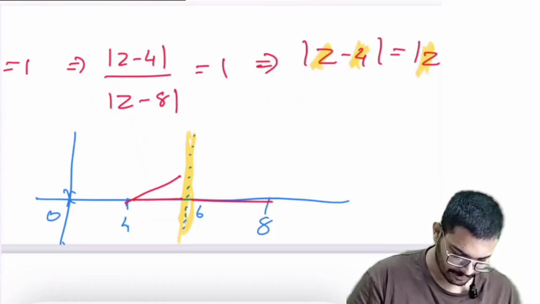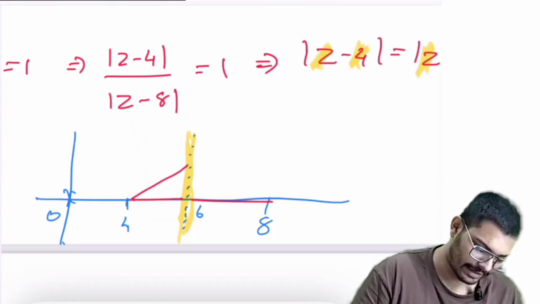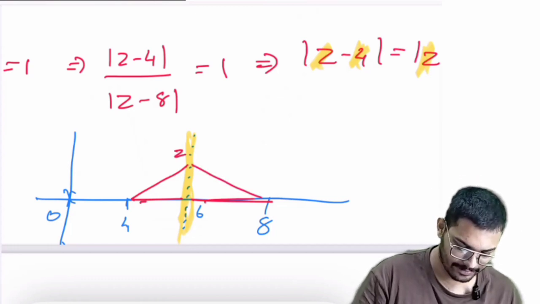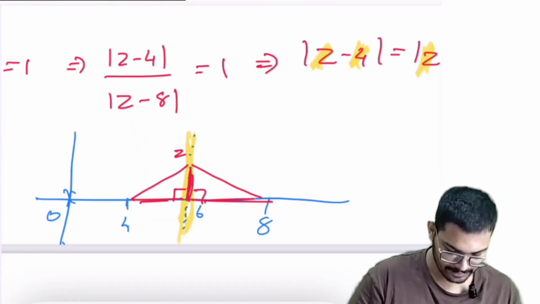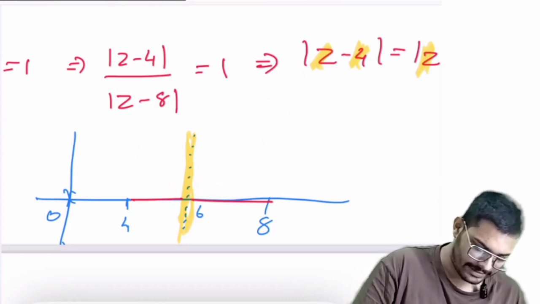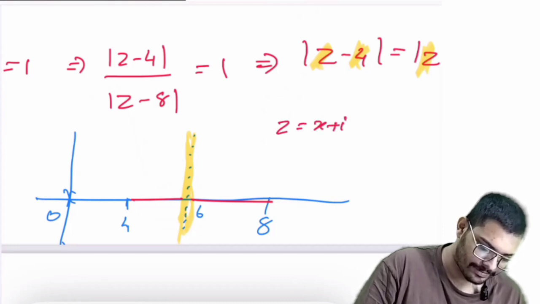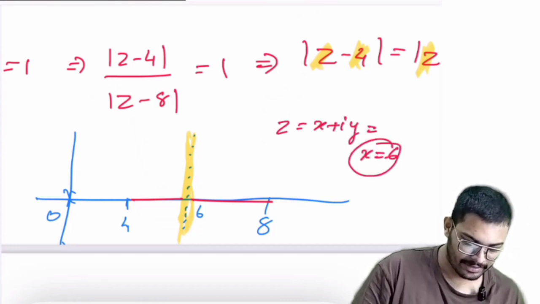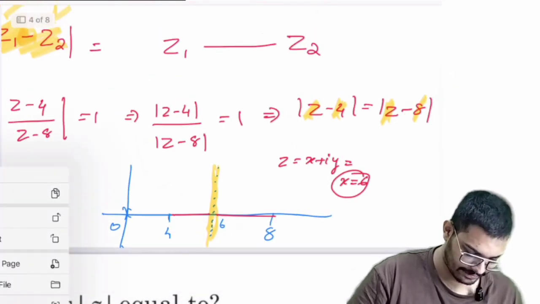Whatever point lies on the line is equidistant, because this is the same and this is perpendicular, so when you apply Pythagoras theorem also it is the same. Now we can conclude, if z equals x plus iy, the real part of z is 6, that is, x is 6. Now we can go with the second condition.